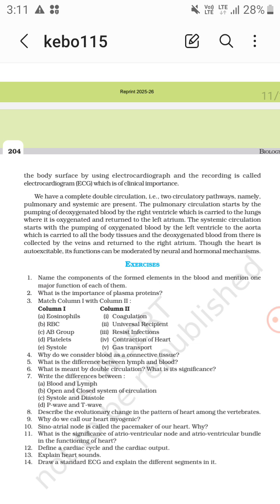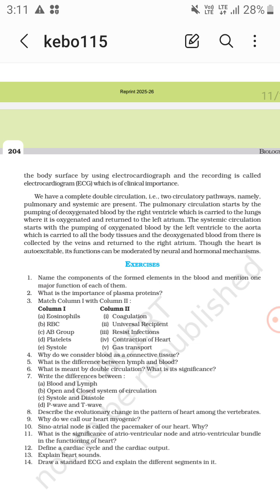The systemic circulation starts with the pumping of oxygenated blood by the left ventricle to the aorta, which is carried to all the body tissues, and deoxygenated blood from there is collected by the veins and returned to the right atrium.